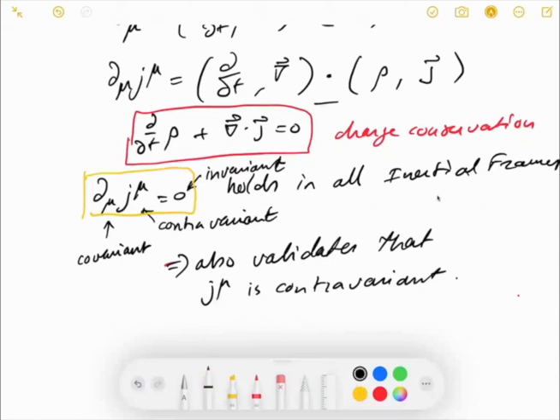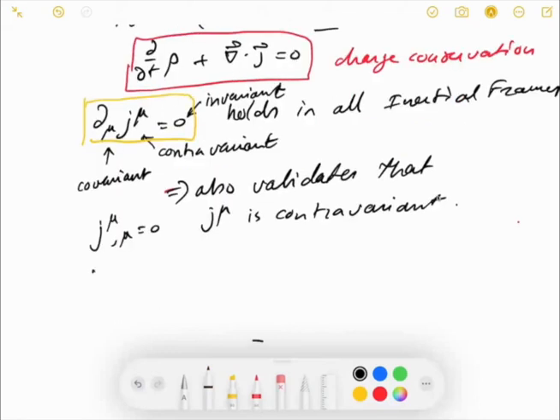You could also have written it as J mu comma mu is equal to 0. Or I saw some of you write J mu 0. That's also fine. And indeed, you can take del mu and contract it with the metric tensor, call it G mu nu, and then we get a del mu.